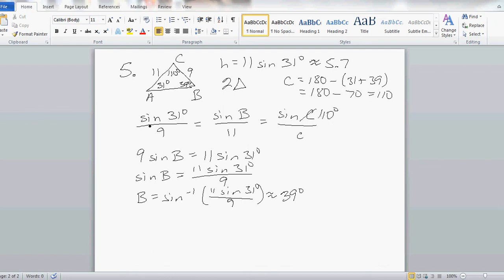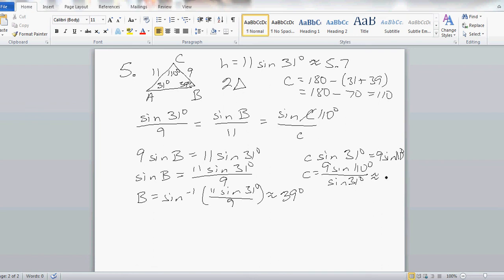So then we can combine this first ratio with this one. Cross products there, that would be c sine of 31 degrees equals 9 sine of 110 degrees. So c would equal 9 sine of 110 degrees over the sine of 31 degrees.